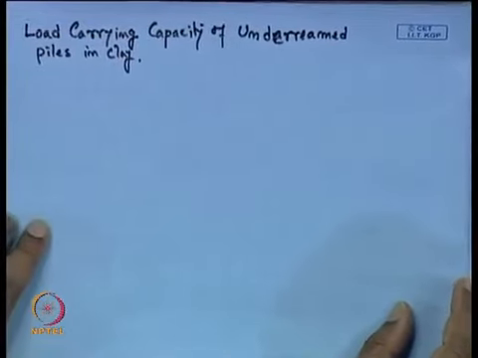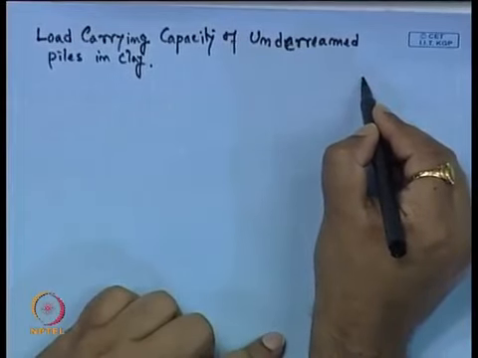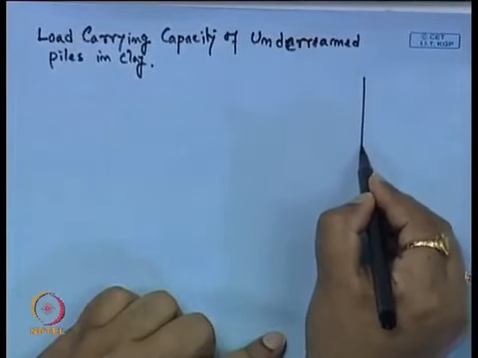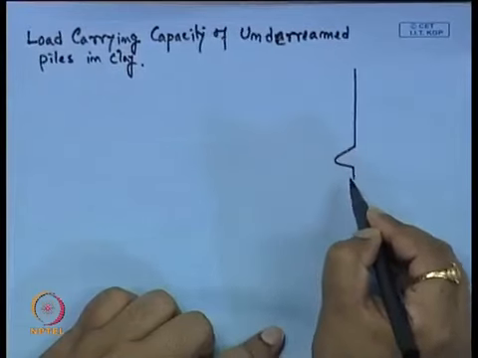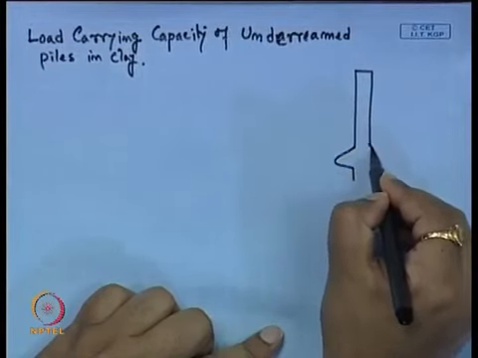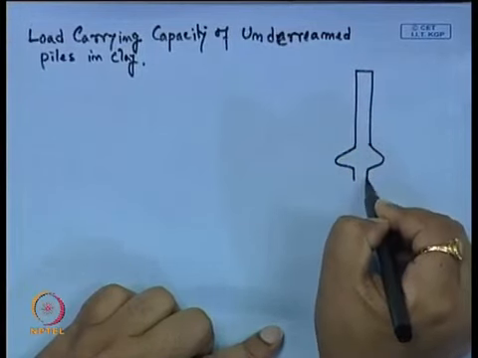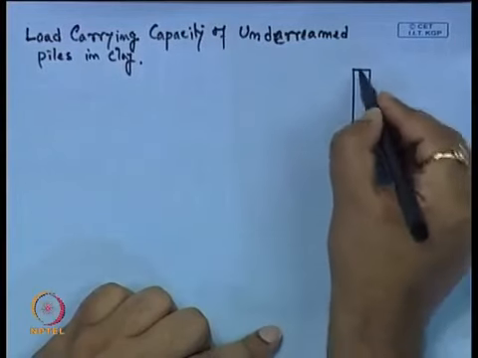That means the load carrying capacity of the underream pile in clay, because as I have already discussed, an underream pile is where you provide a bulb in the pile at the base to increase the load carrying capacity of the piles. So, this is the bulb of different diameter.